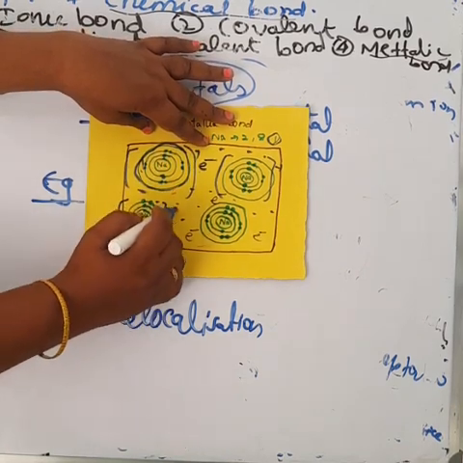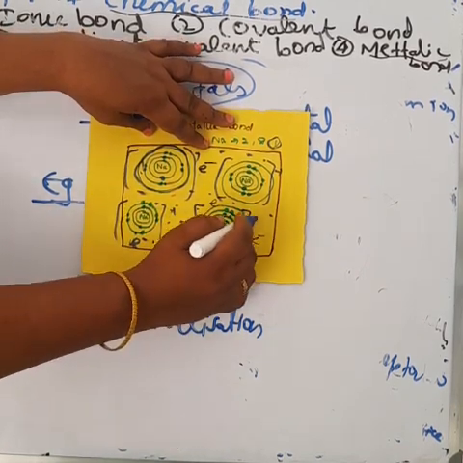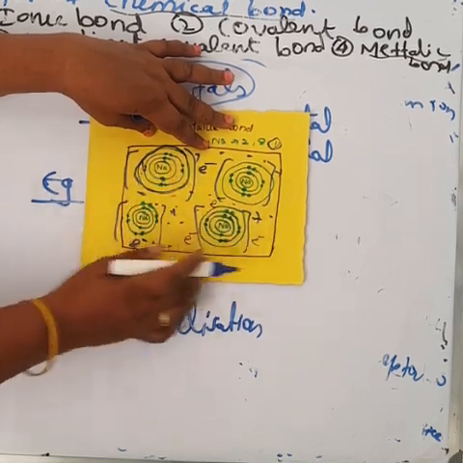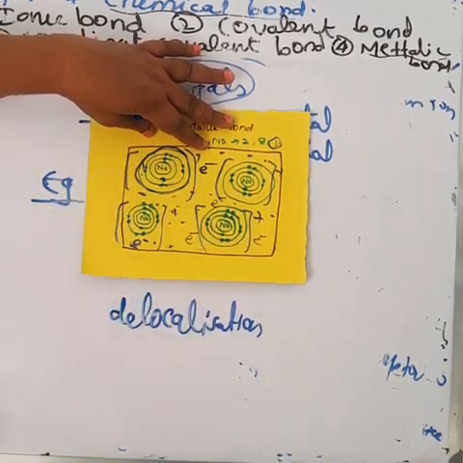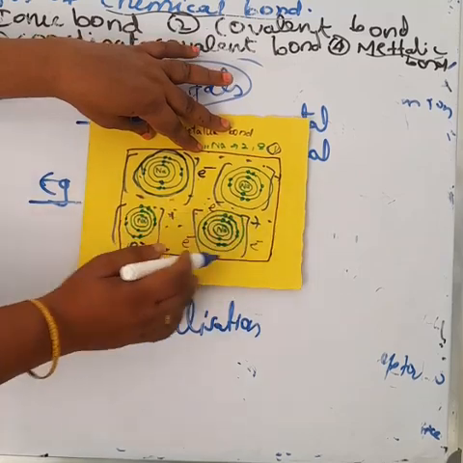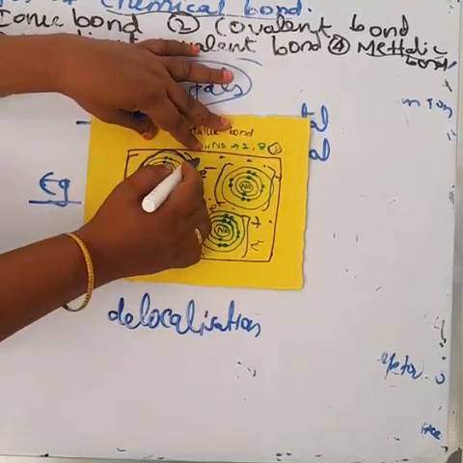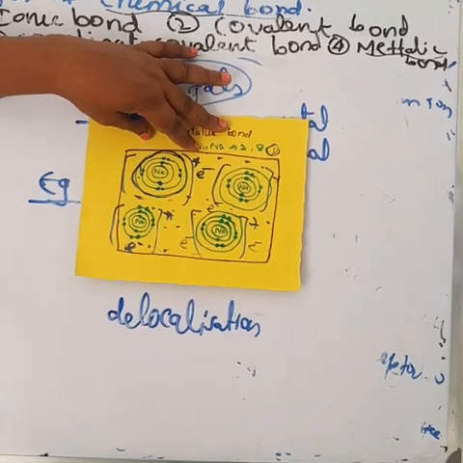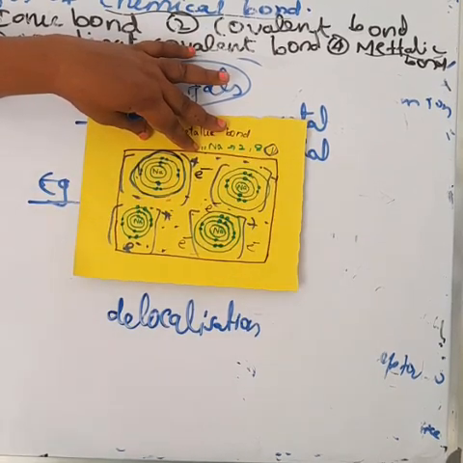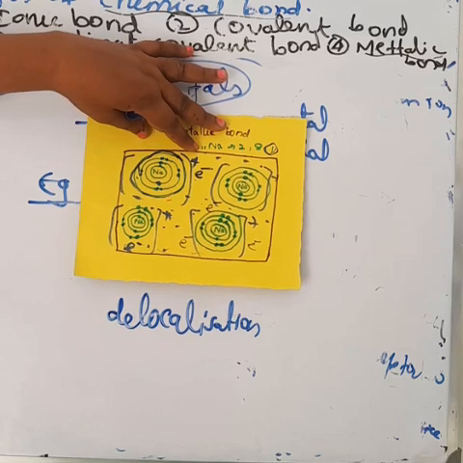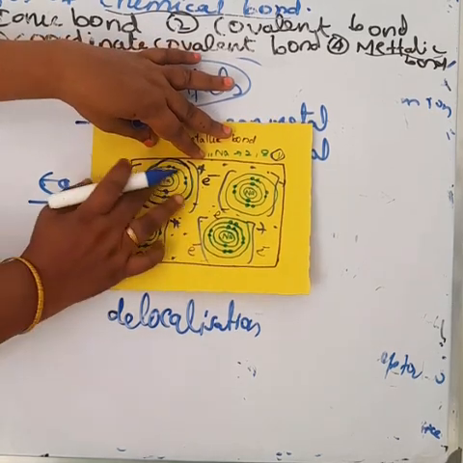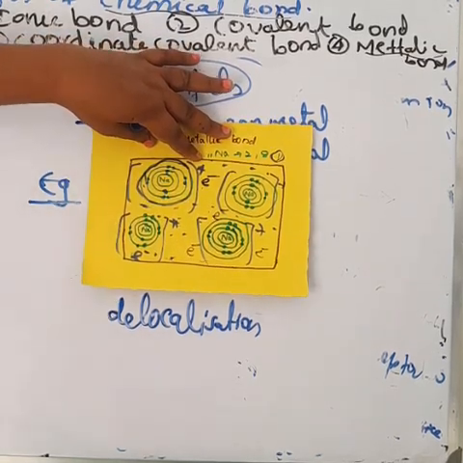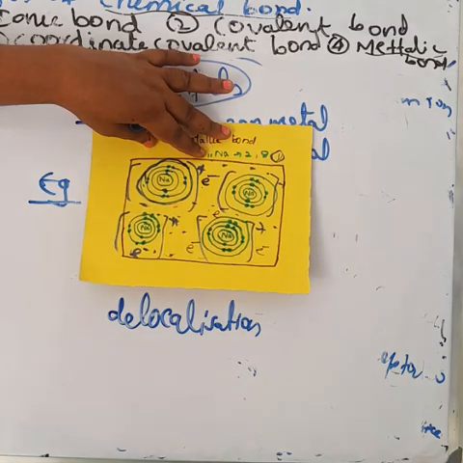Understood? These electrons then move freely through the space. These are the free electrons that are not associated with a single atom, the independent outer electrons.